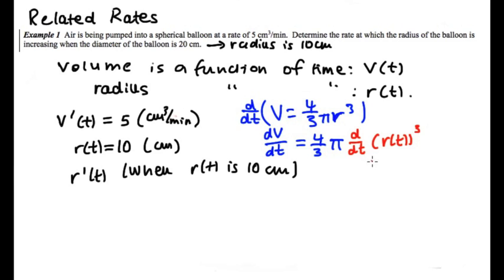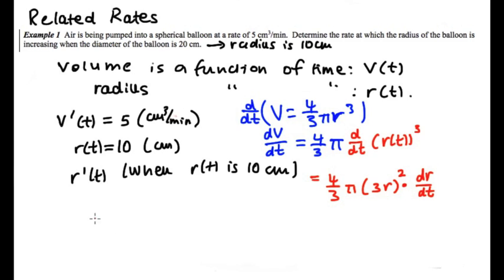That's 3t squared, but instead of t we have to put r, because we're replacing that t with r of t. So this is going to become 4/3 pi times 3 r of t squared, but we're just going to put r for convenience, 3r squared, and we have to multiply by the derivative of g, which is r prime, or dr/dt. That's how I'm going to write it. I'm going to use Leibniz notation here. So dV/dt equals 4/3 pi times 3r squared times dr/dt.